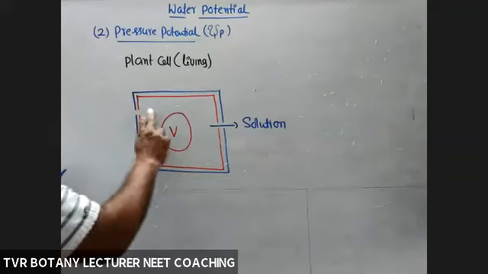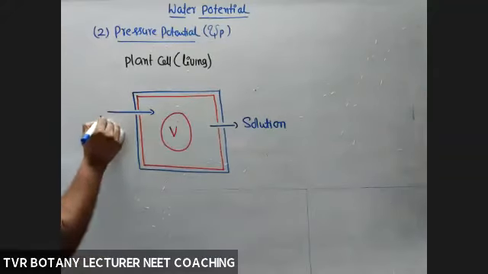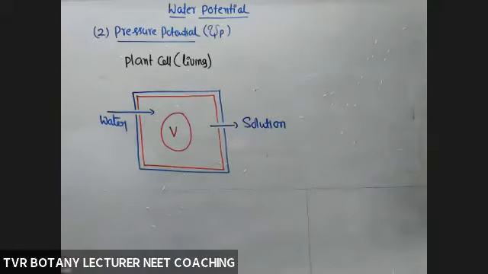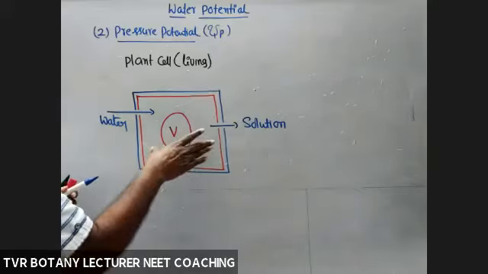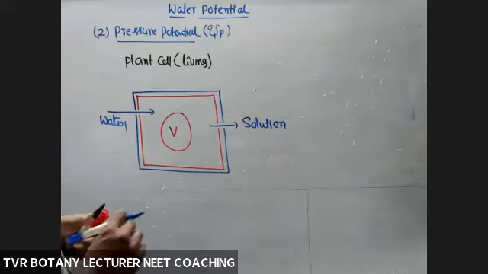For example, now water is entering into the cell. Pure water. Initially, I'm taking pure water only. Now the cell is absorbing water, endosmosis into the cell. So if water is entering into the cell, lot of water, definitely some pressure is created. That is called as a positive hydrostatic pressure.